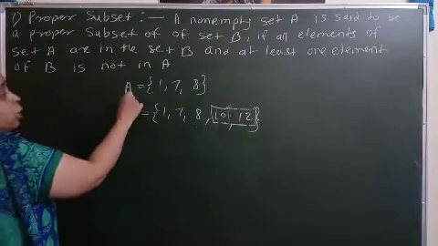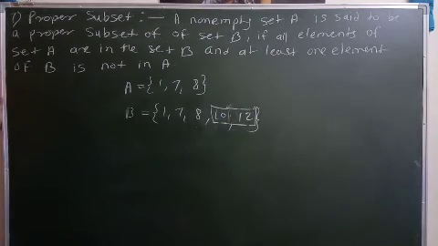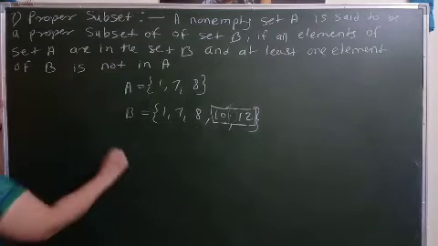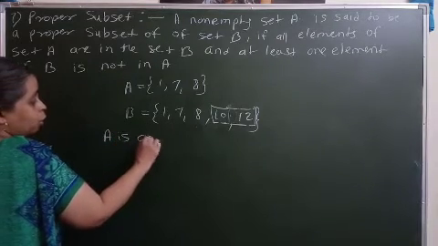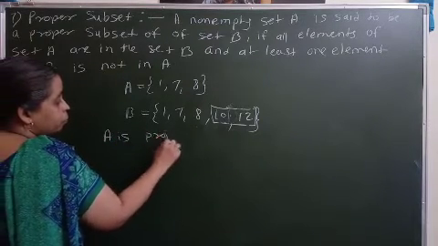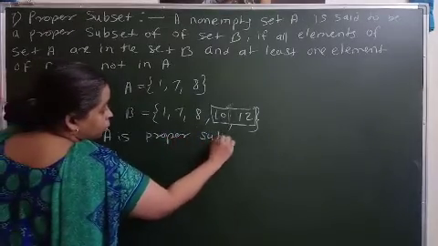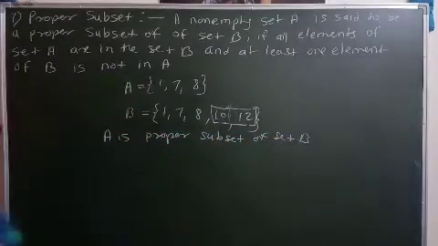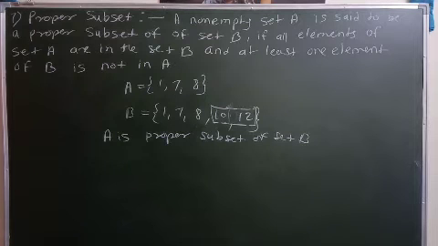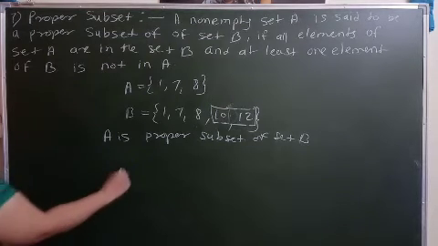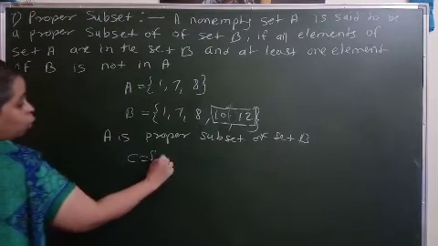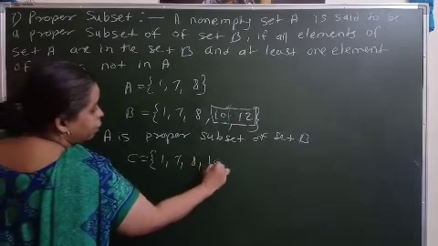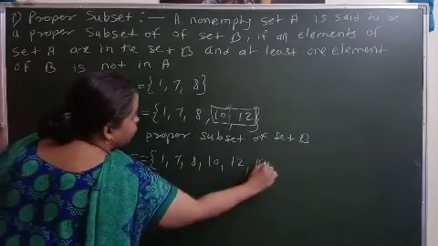Then this A is called a proper subset of set B. A is a proper subset of set B. Now see, C is 1, 7, 8, 10, 12 and suppose 13.